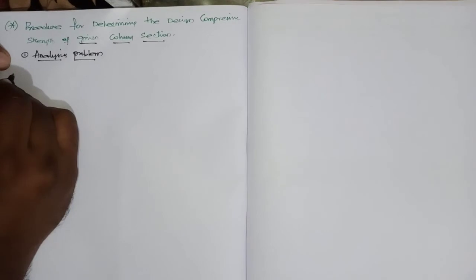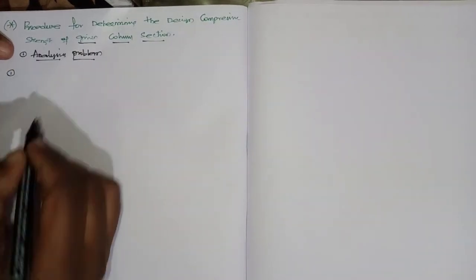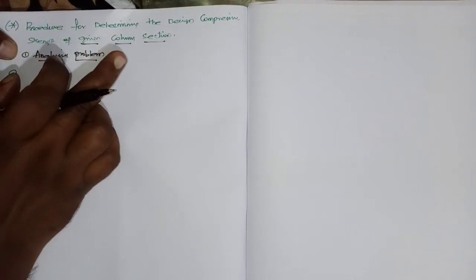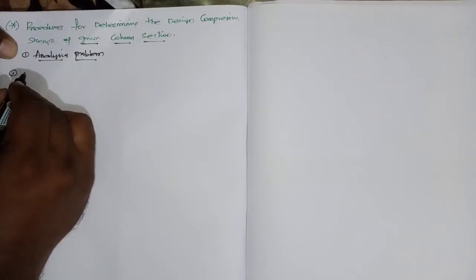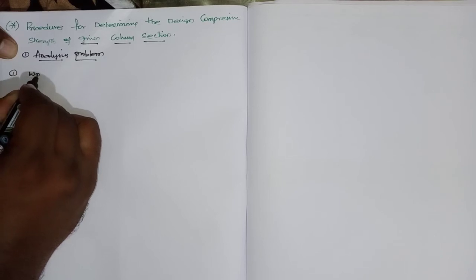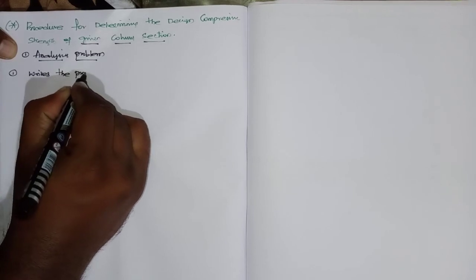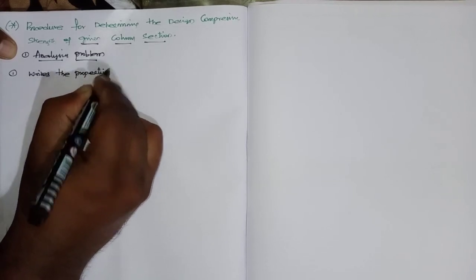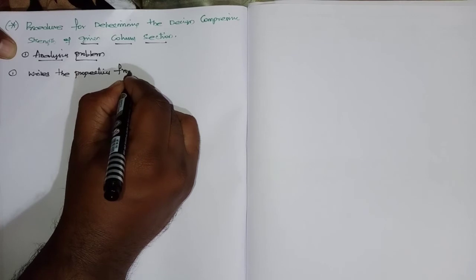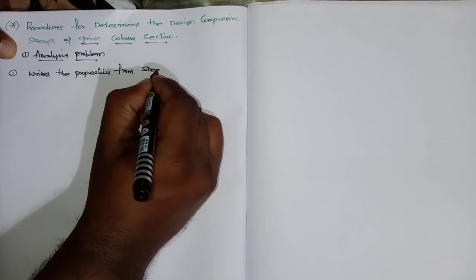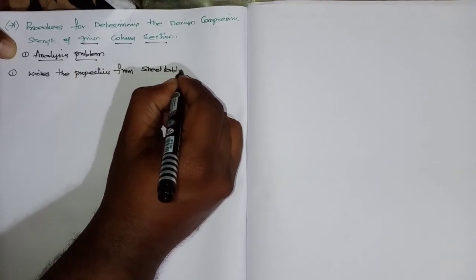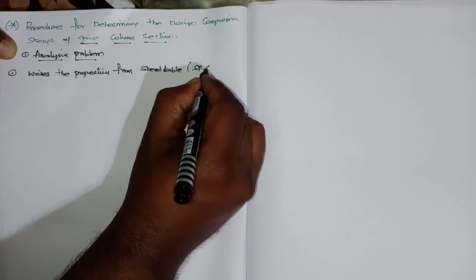Now the very first step is, for the given column section, you write the properties. From where? From either the steel table, which is also called SP6 charts.